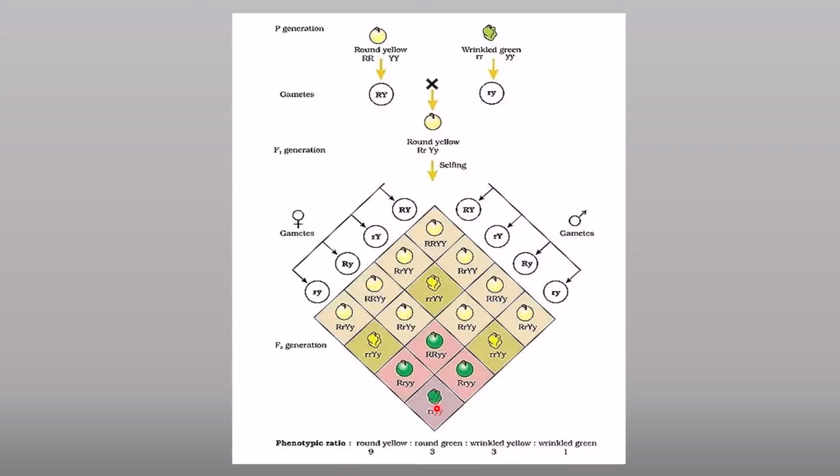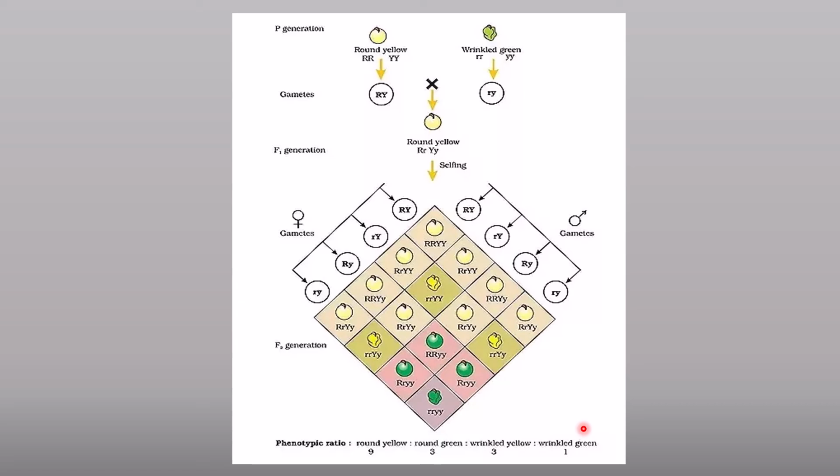So that is how we get the genotypic ratio 1:2:2:1:2:4:2:1:2:1, that is the genotypic ratio, while the phenotypic ratio remains 9:3:3:1 with 4 different progeny characters.